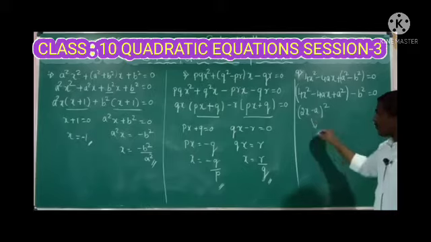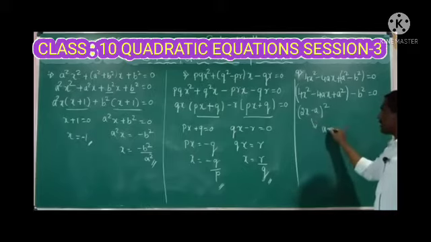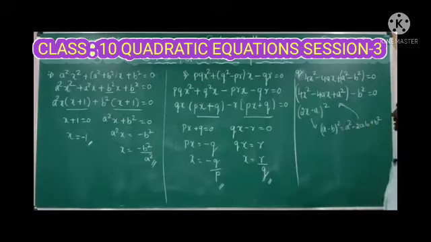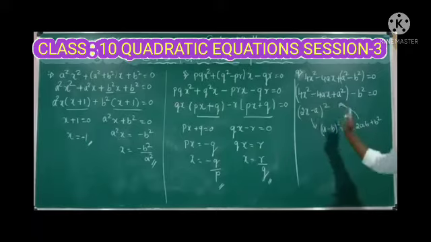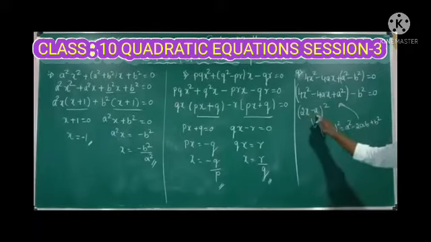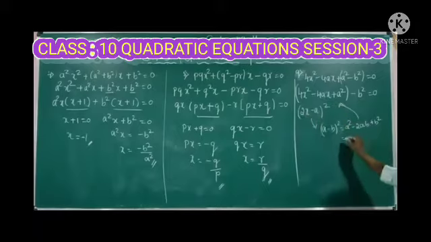If I expand by using the formula a minus b whole square is equal to a square minus 2ab plus b square, I will get the same answer. Okay, just expand whether this is the expanded form of 2x minus a or not. So 2x, a means what?